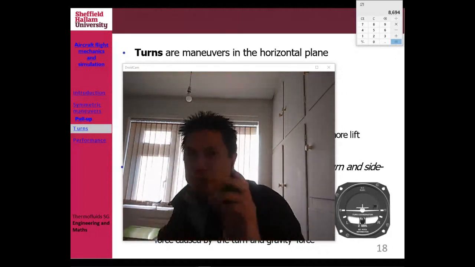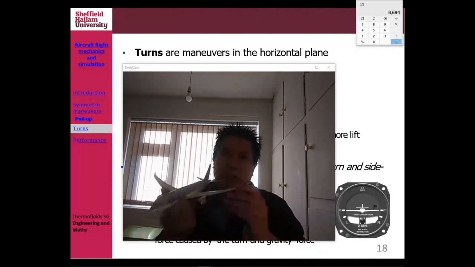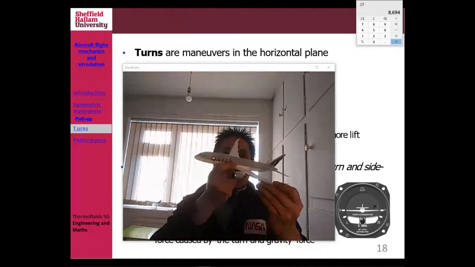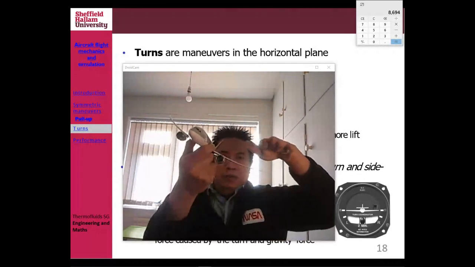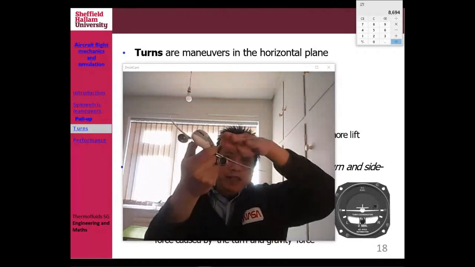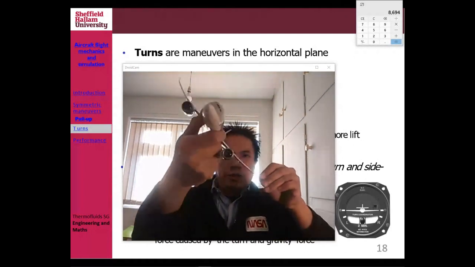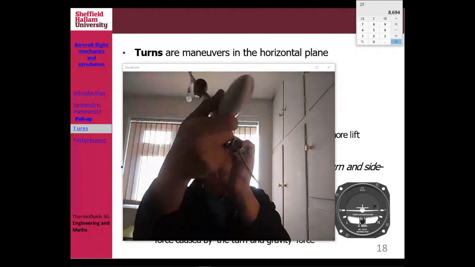Okay, so obviously if you are a good commercial pilot, you don't want that to happen when you do the turn. You want a completely coordinated turn with the level of altitude constant, and you do a coordinated turn like that until you reach the direction that you want.